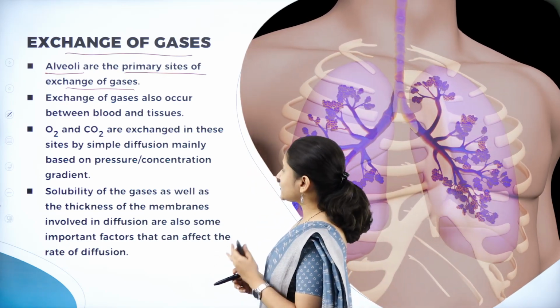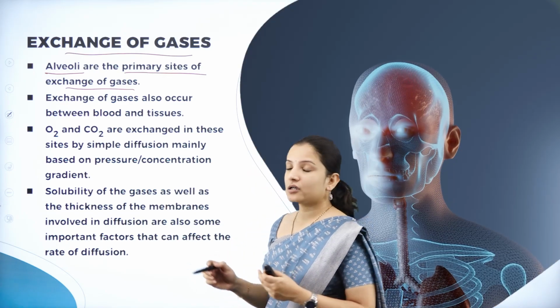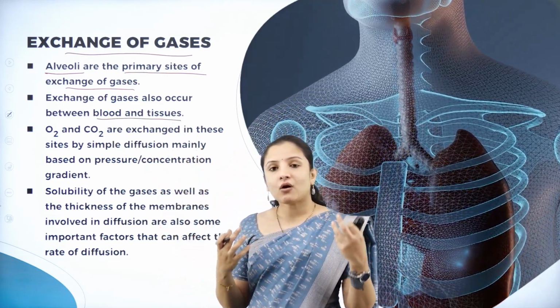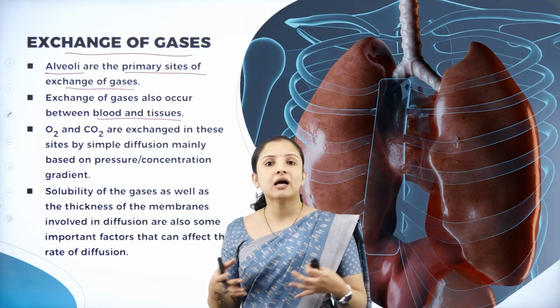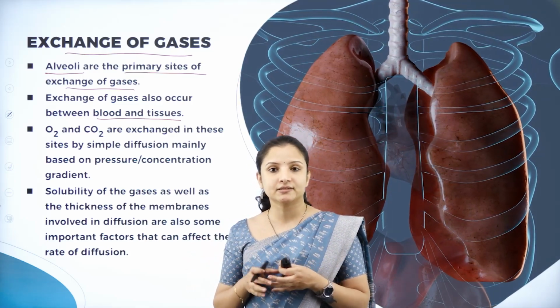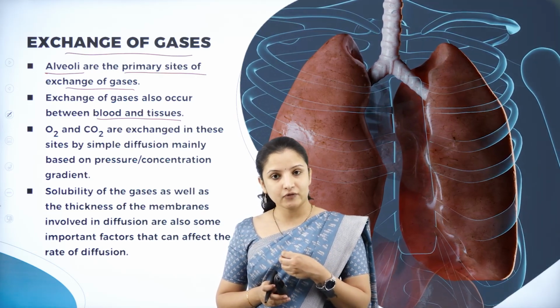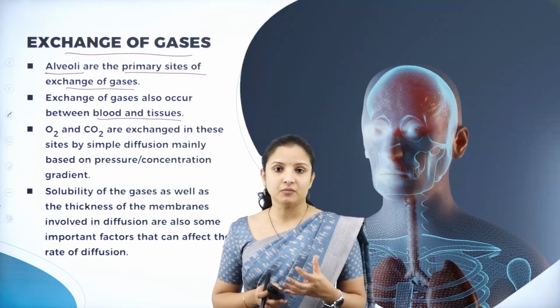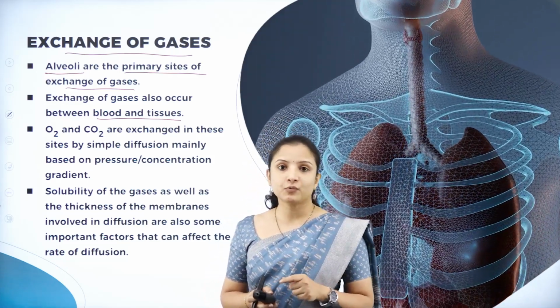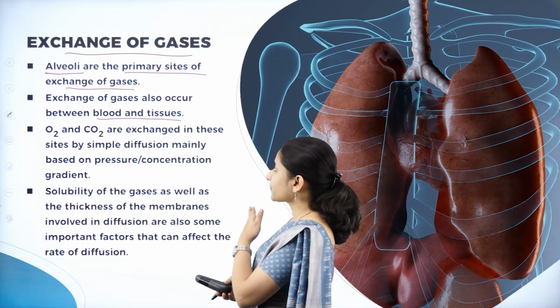Exchange of gases can also occur between the blood and the tissues, right? You cannot say that the oxygen you take in can travel as such, or that carbon dioxide leaving the body can travel as such. If it has to reach the alveoli, there has to be a medium, something that actually carries them. What is the transporter here? It is nothing but the blood.